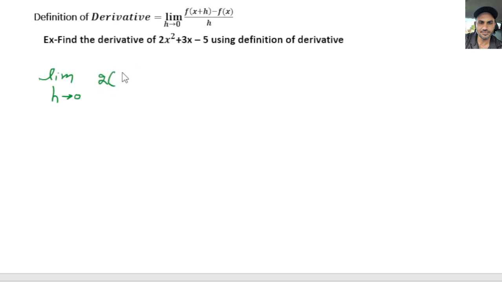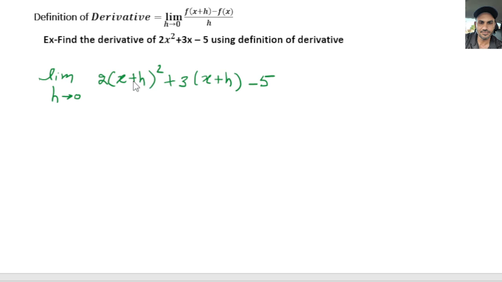I'm going to plug in x plus h because that's the point we are looking at, x plus h squared, plus 3, and for x I'm going to put this x plus h, minus this 5. All I'm doing is plugging in x plus h for every x we have in our function.